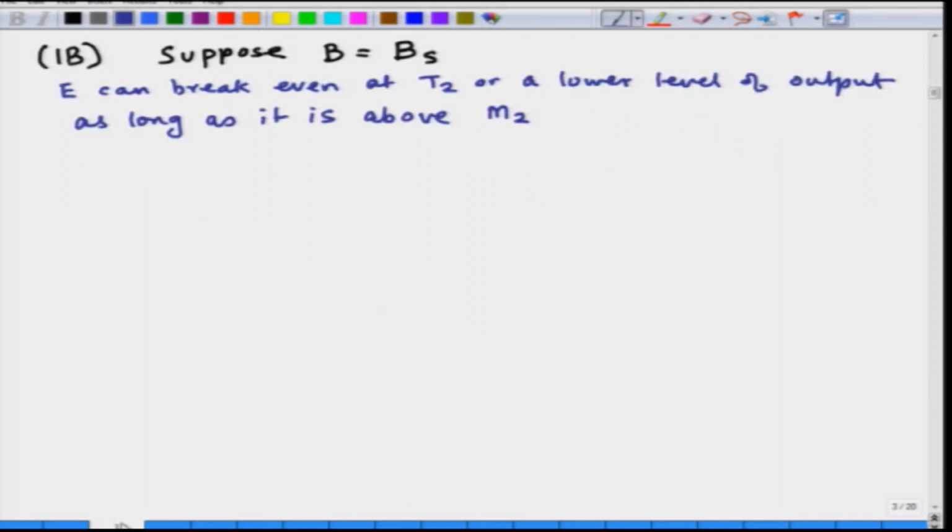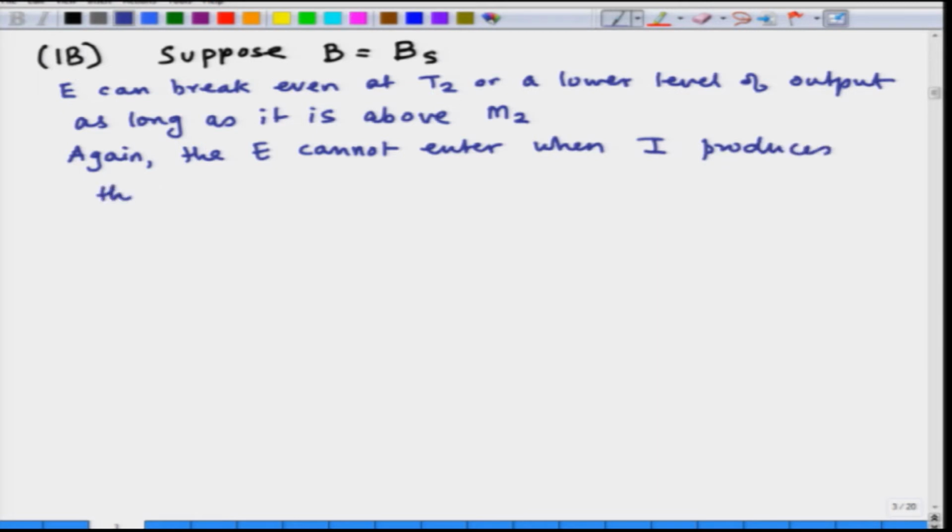So, the entrant cannot enter when firm 1 produces the monopoly level of output.